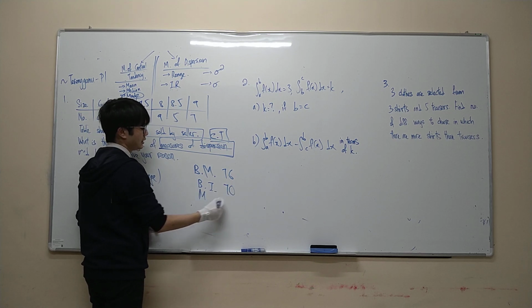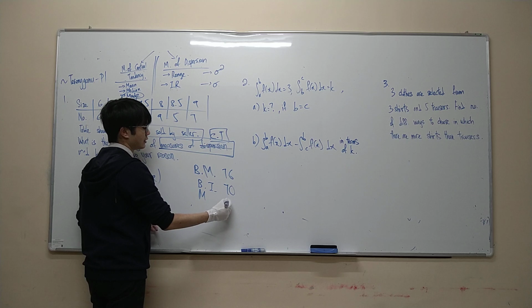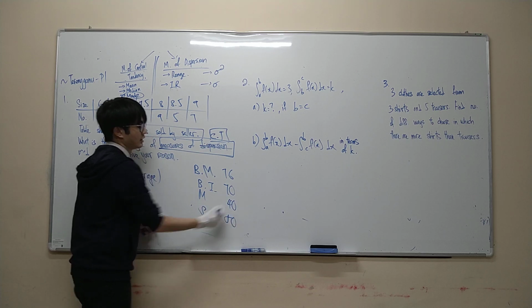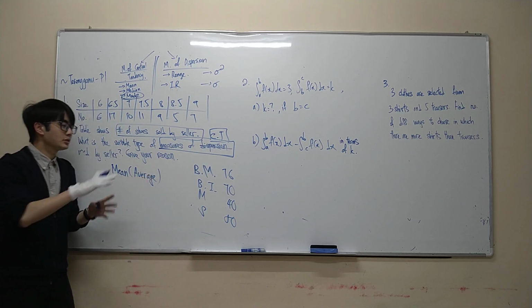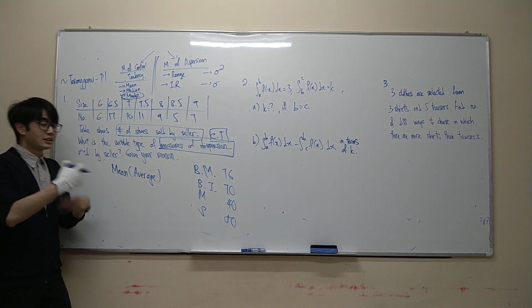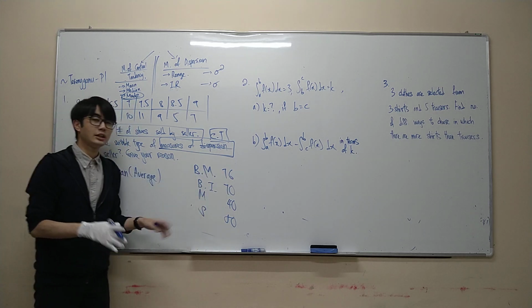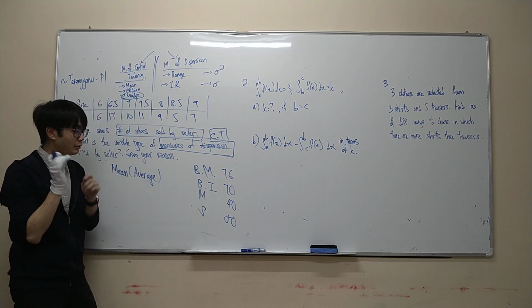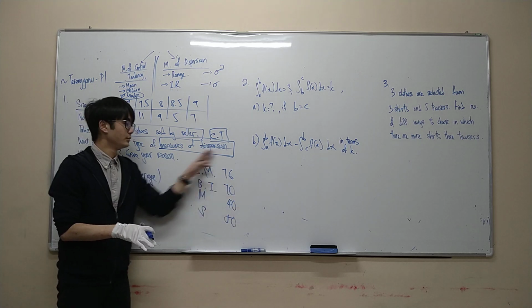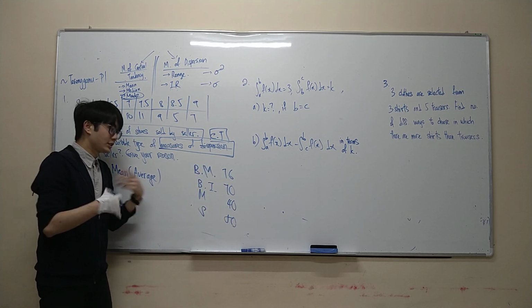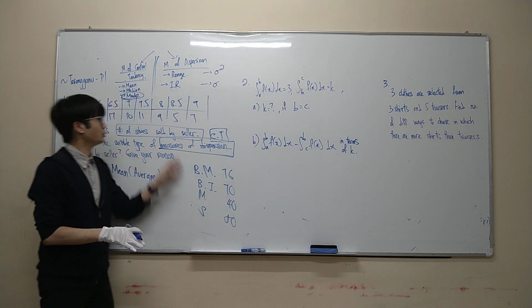For maths, he gets 40. And for science, maybe 50. If I want to assign a value for this student's marks, it would be mean.